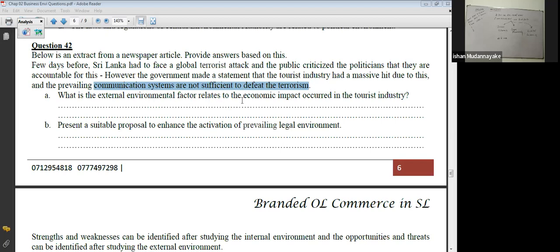What's the external environmental factor related to the economic impact that occurred in the tourist industry? What's a possible answer for this question?